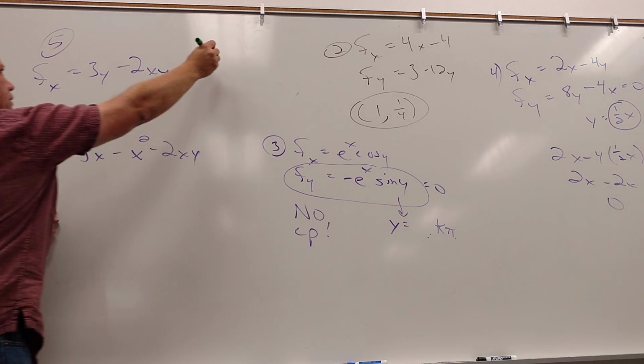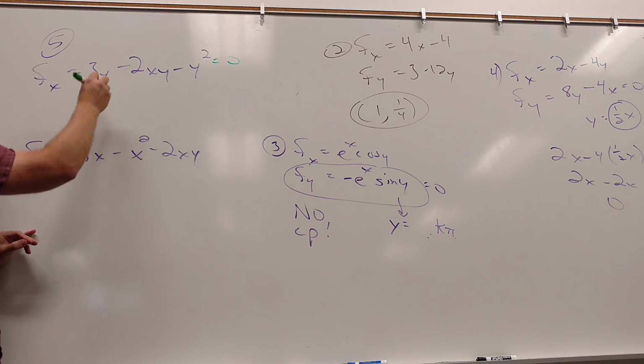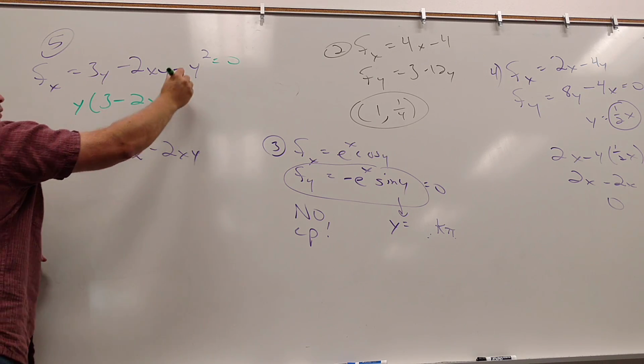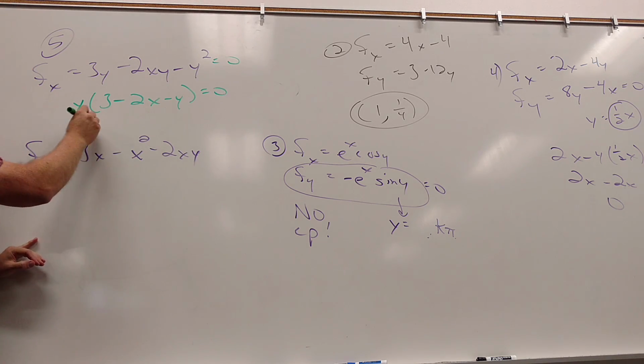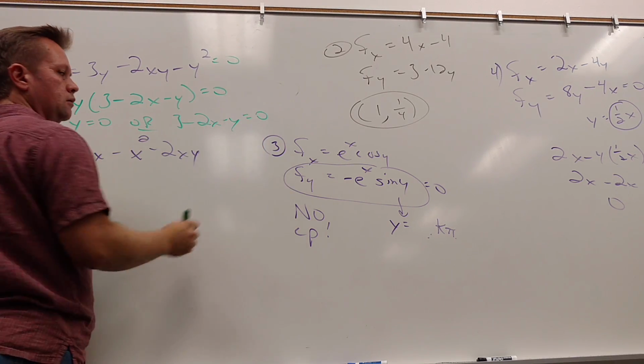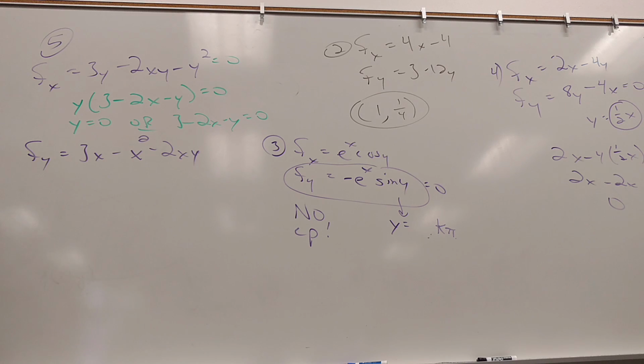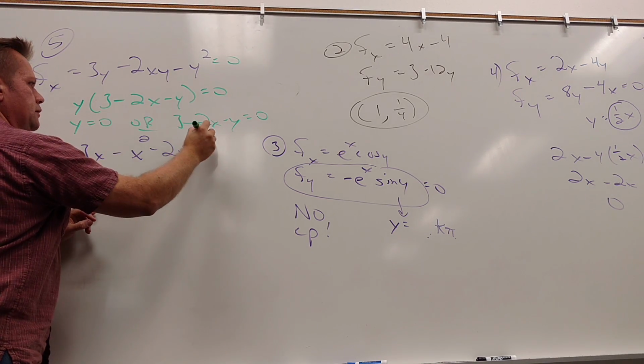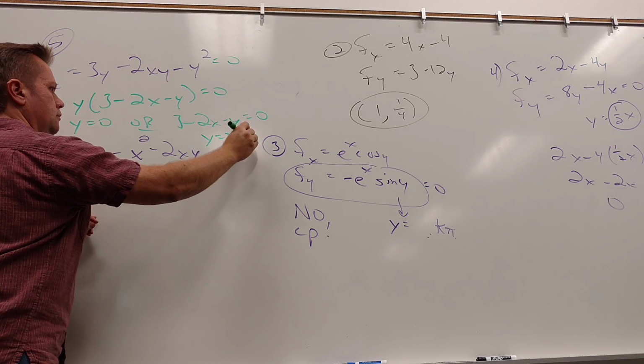So, of course, if I set this equal to 0, I can take out a y. So either y is 0, or 3 minus 2x minus y is 0. So either y is 0 or y is 3 minus 2x.